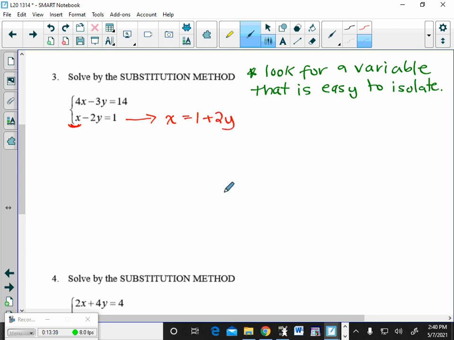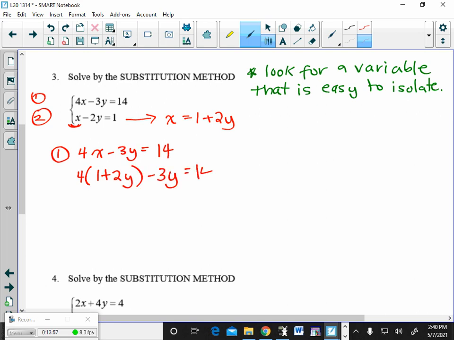So now I can go into equation 1, and I'll write that whole equation out. But everywhere there's an x, I'm going to write a 1 plus 2y. Now, of course, there's just one x in that equation.